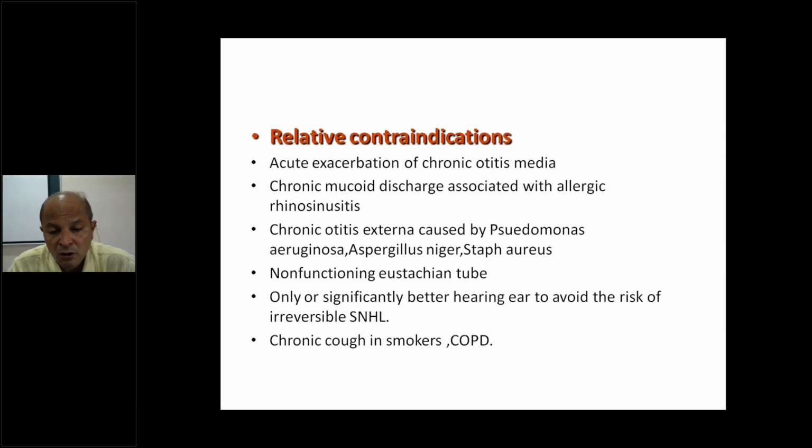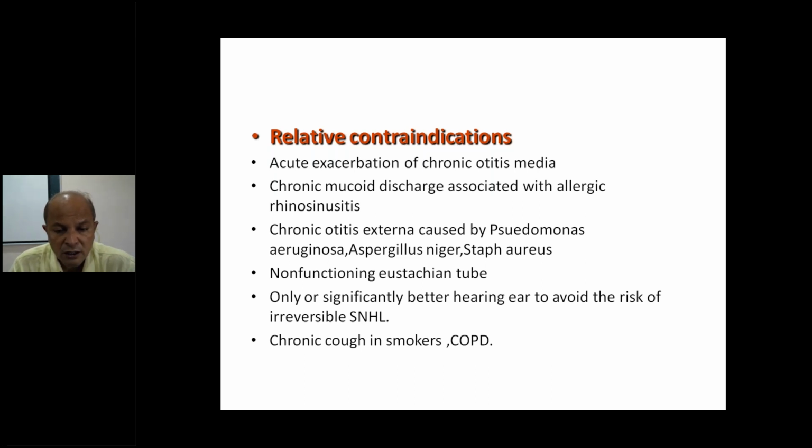So how to test for eustachian tube function, there are a few things. You can keep a few ear drops in the ear, and then after 10 to 15 minutes the patient will appreciate the bitter taste of the drop in the mouth.